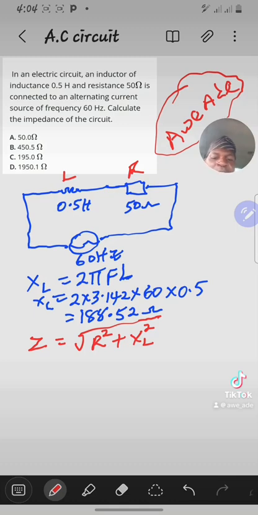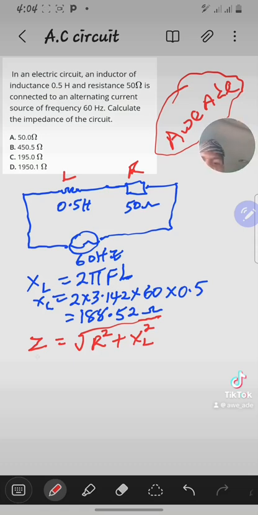For LR AC circuits, we use a vector diagram to derive this expression. Z, which is the impedance, equals the square root of the resistance in the AC circuit raised to power 2 plus the inductive reactance raised to power 2.